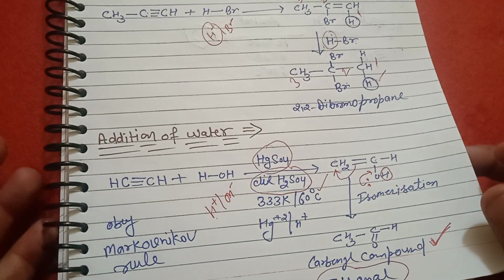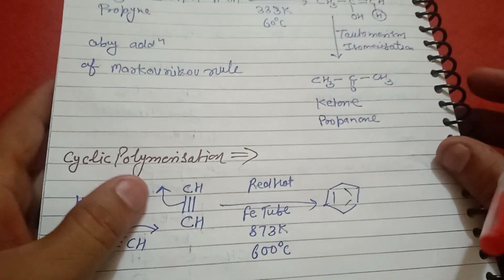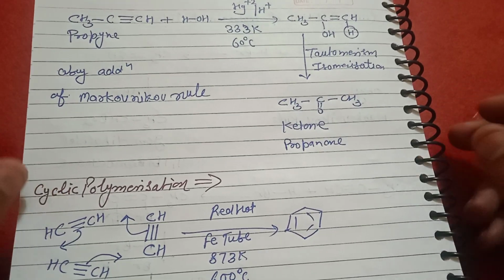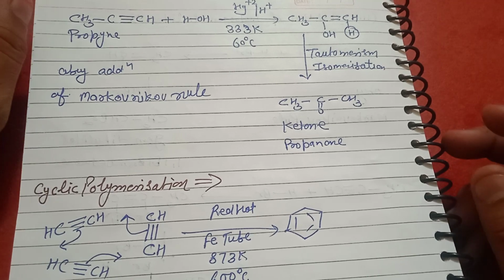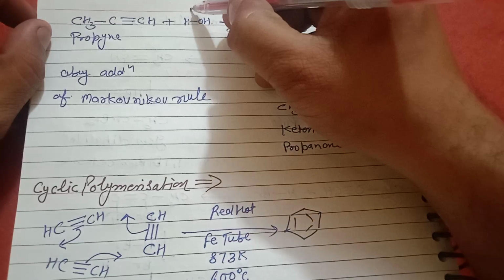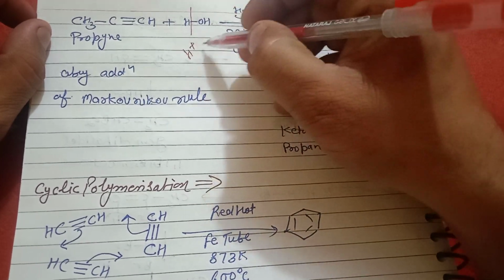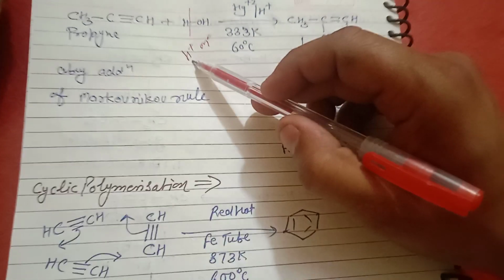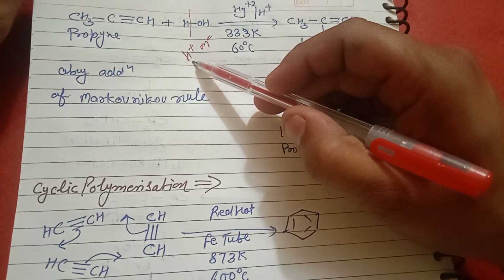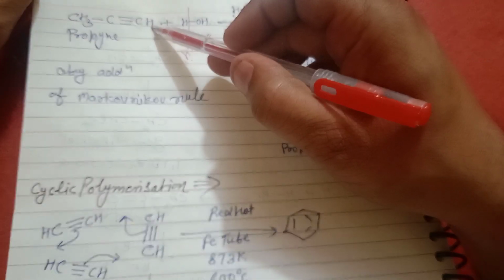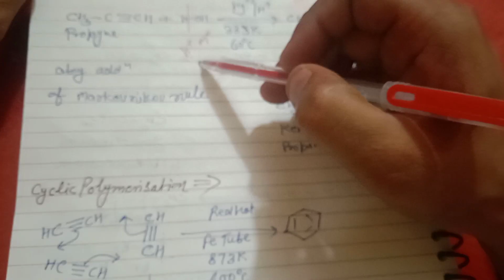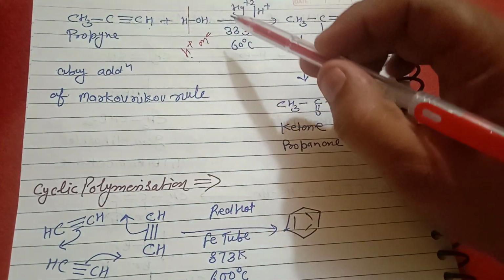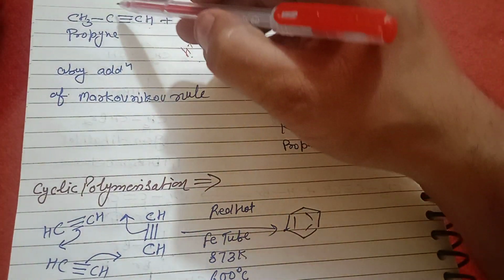Another example, we study unsymmetrical alkyne. Here we see an example of an unsymmetrical alkyne. Due to breakdown of water into H positive and OH negative, H positive goes to the carbon with more hydrogens, and this OH negative goes to this carbon.